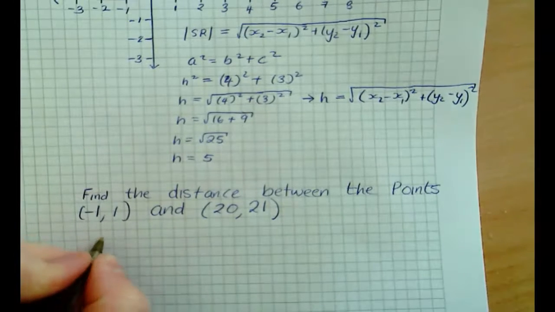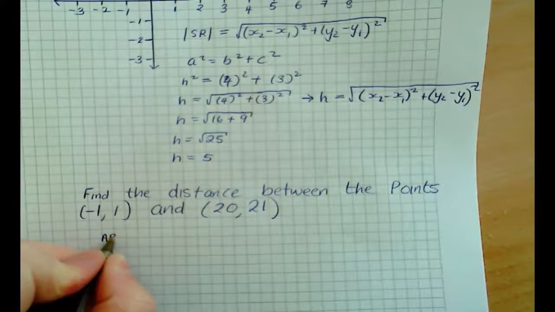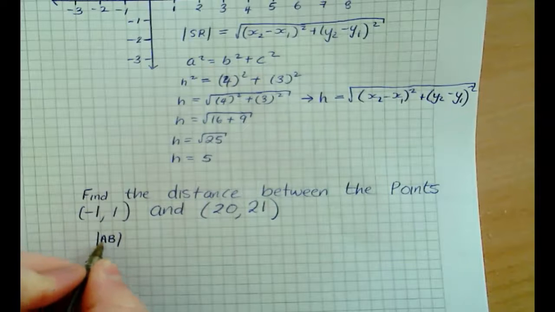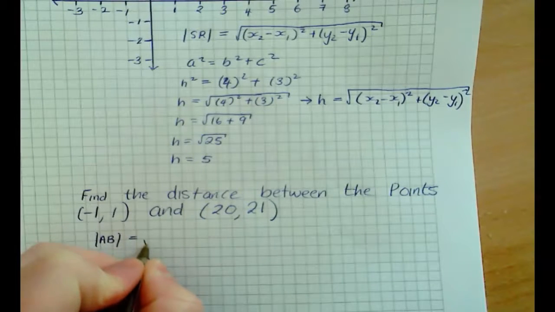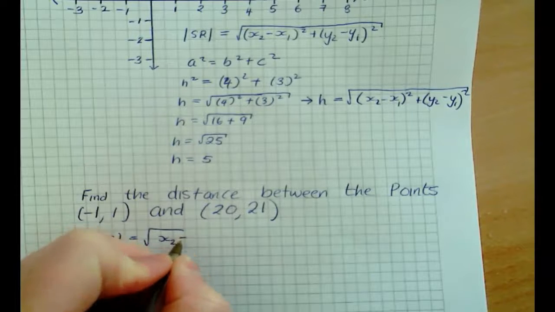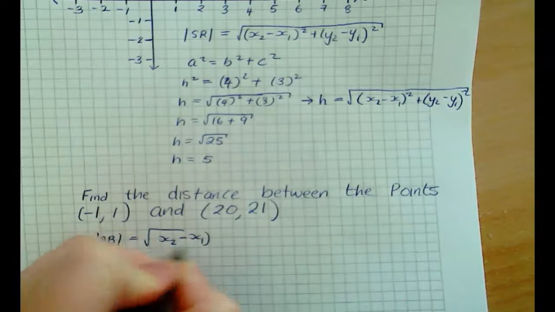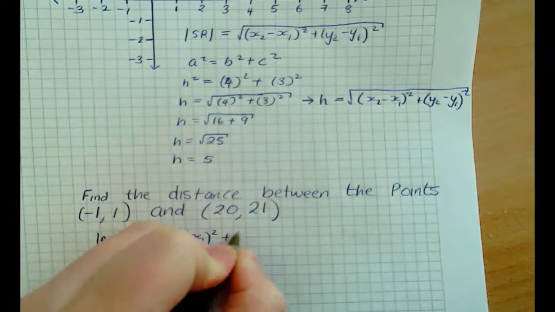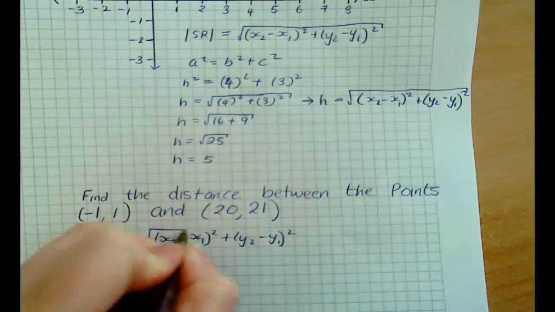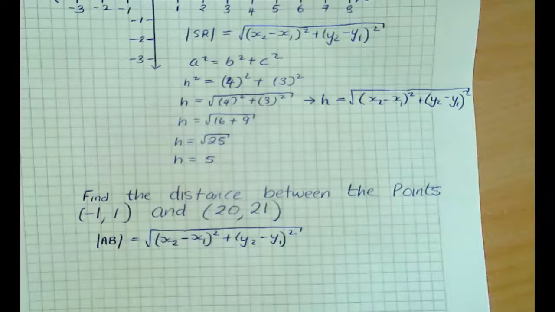The distance between A and B, that's what those 2 lines mean, is equal to the square root of x2 minus x1 to be squared plus y2 minus y1 all to be squared. That's in the log tables on page 18, so you don't need to remember it, you just need to know how to use it.